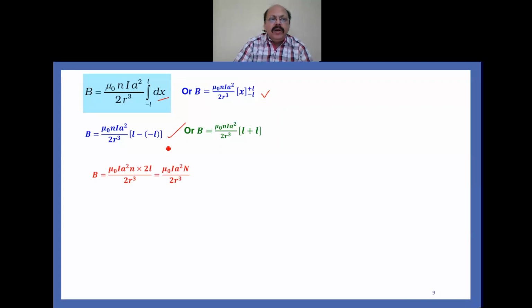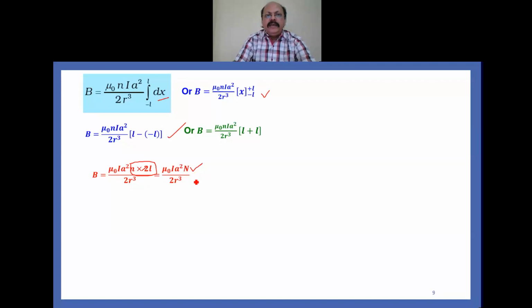So B equal to mu naught I a square n into 2L upon 2r cube, and that n into 2L becomes the total number of turns of the solenoid, which is represented by capital N. Then this becomes B equal to mu naught I a square N upon 2r cube.